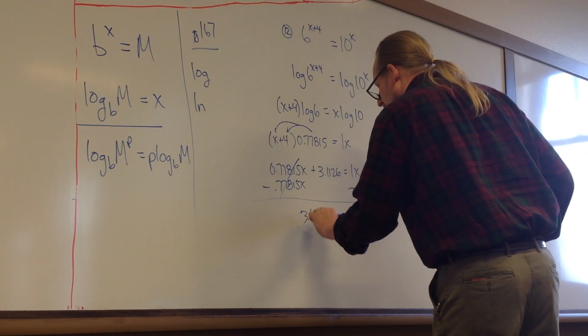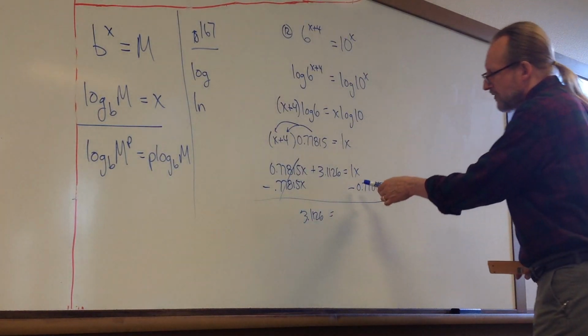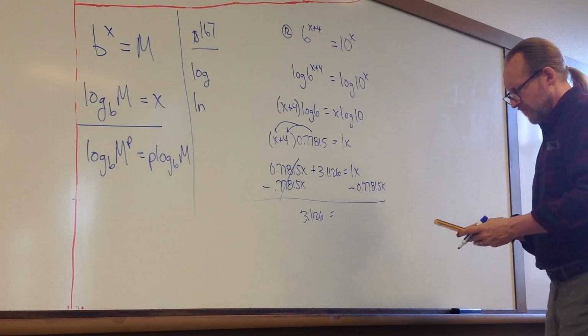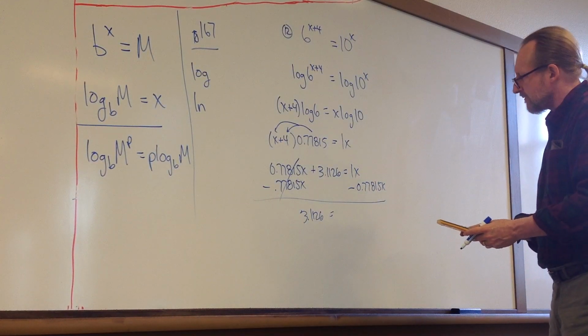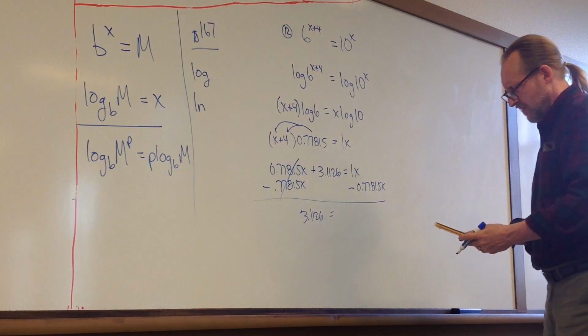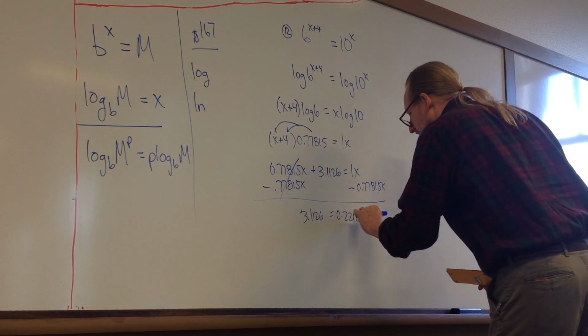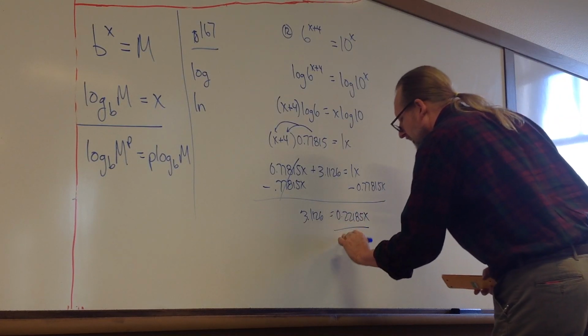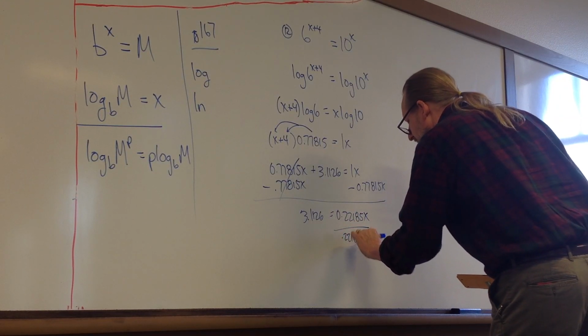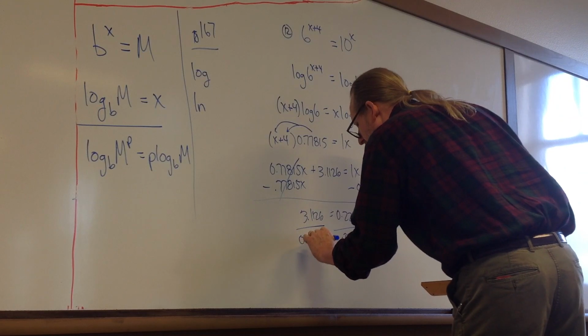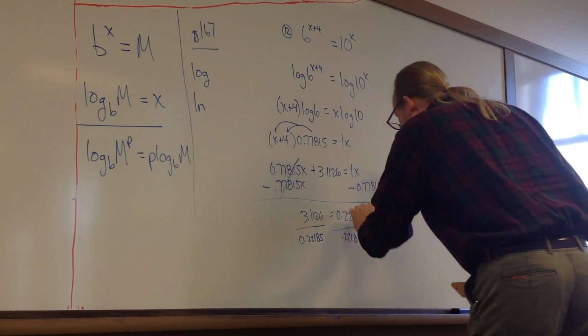So over here, you just need to do 1 minus 0.77815, which gives 0.22185x. And then that's what we're going to divide by on both sides: 0.22185.